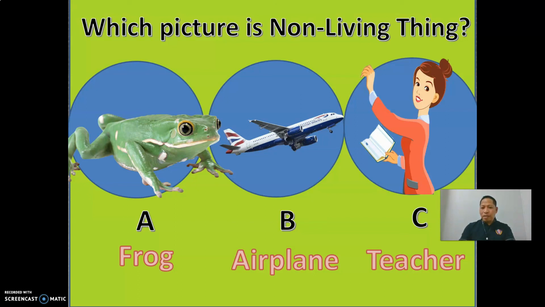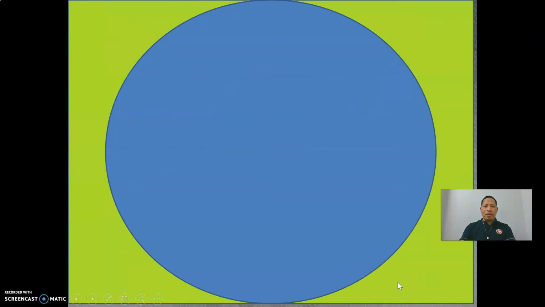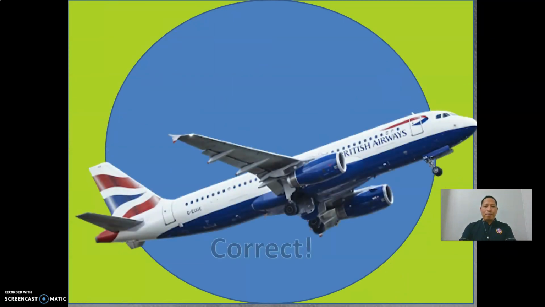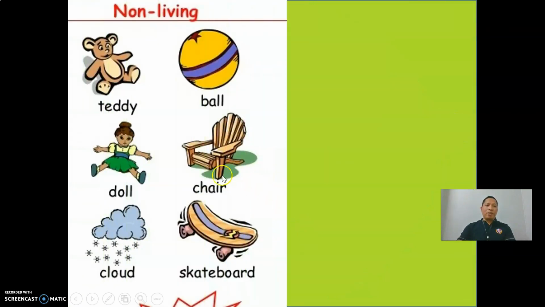So the correct answer is B. It's an airplane. So these are examples of non-living things: teddy bear, ball, doll, chair, cloud, skateboard.